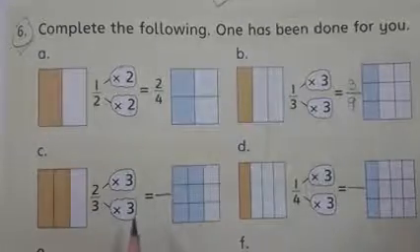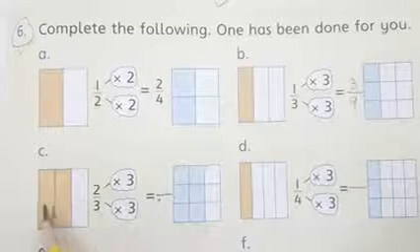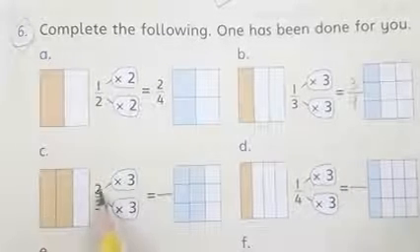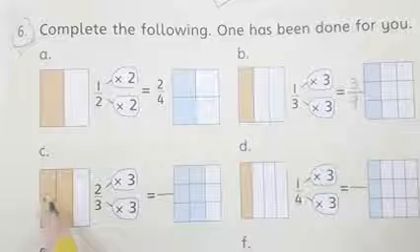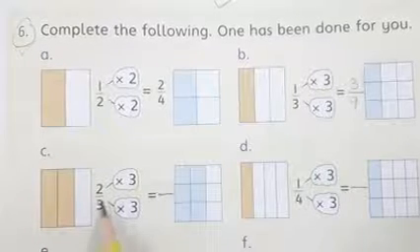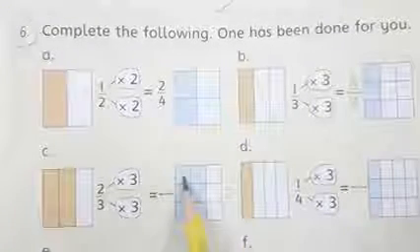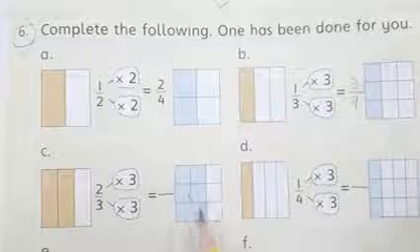Now move to the next part C. Here the fraction is 2 by 3. You can see 2 by 1, 2, 3. So again you can see here how many colored fractions. 1, 2, 3, 4, 5, 6.